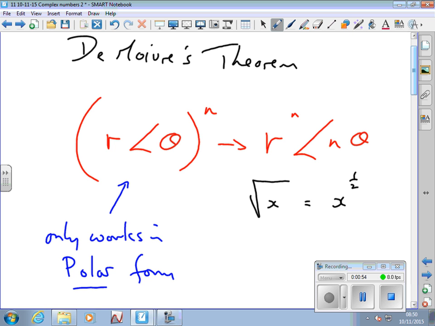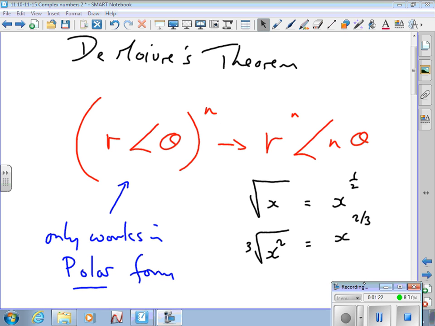The cube root of x squared, using one of the laws of indices, turns out to be x to the 2/3. So I can convert something like a square root or a cube root into a power, and then I can apply De Moivre's theorem. n would be 2/3 in that particular example. So whenever I'm raising a complex number to a power, I use De Moivre's theorem.